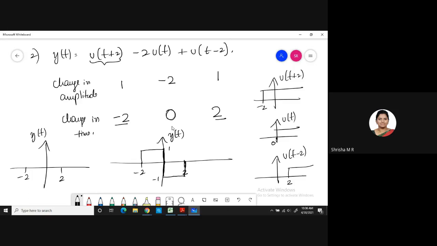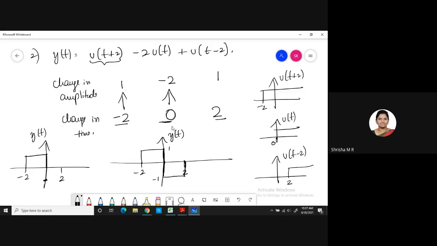So at minus 2, what is the amplitude? 1. So it will be 1 up to 0. Again at 0 there is a change in amplitude. The signal is minus 2, that means it will go 2 steps negative.